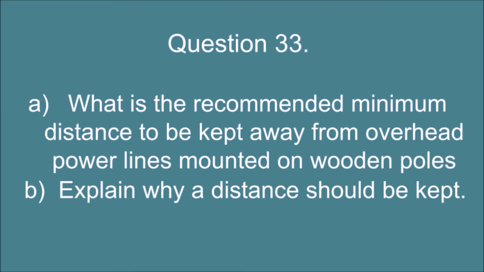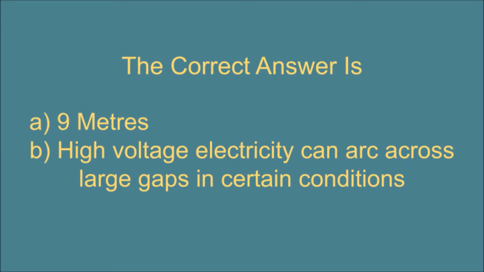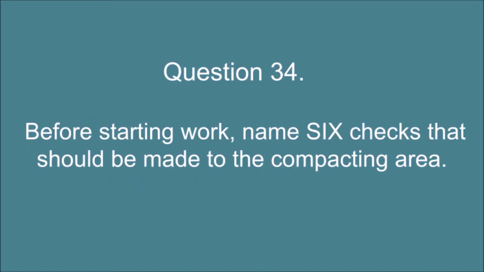A. What is the recommended minimum distance to be kept away from overhead power lines mounted on wooden poles, and B. Explain why a distance should be kept. The correct answer is A. 9 meters. B. High voltage electricity can arc across large gaps in certain conditions. Question 34.